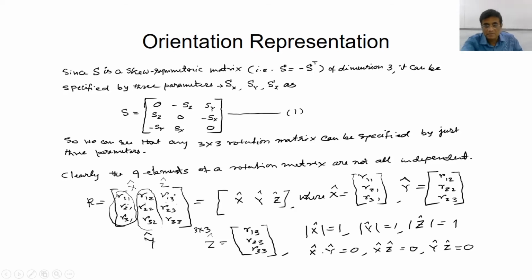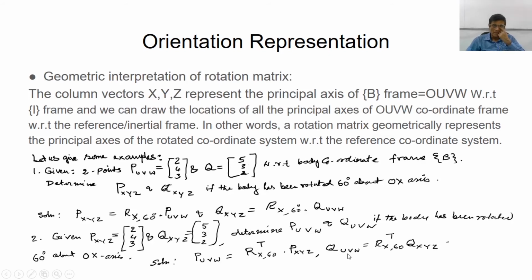So we got 6 constraints. Although we have 9 elements, we could put 6 constraints to represent 3 independent coordinates, theta, phi and psi, because the 9 elements are not independent, they are dependent, which is captured by these constraints. Now I will try to give you a geometric representation of a rotation matrix.